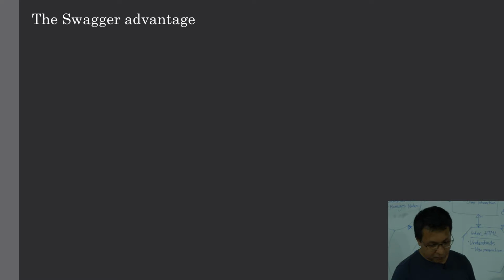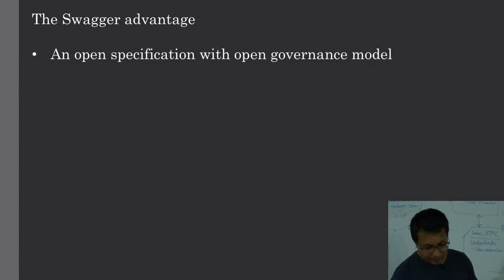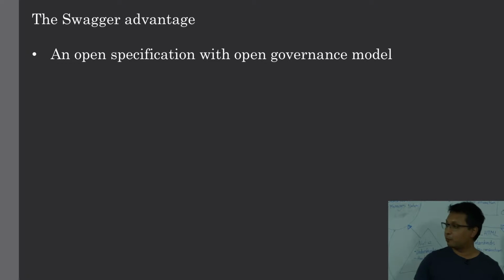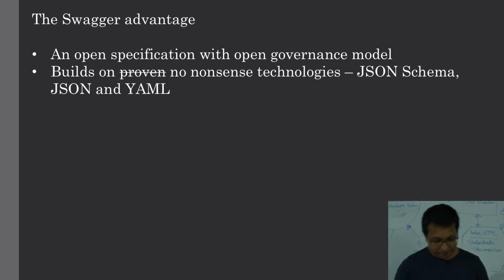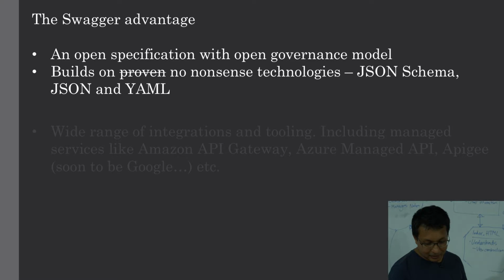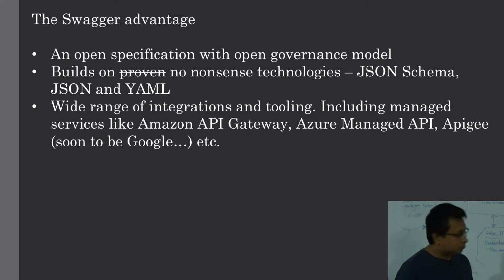So what's the Swagger advantage? Well, like I said before, an open specification with an open governance model. It may not sound that important, but it actually is. People who have dealt with Bluetooth like me know this. It builds on no-nonsense technologies, so it uses JSON Schema, JSON, and YAML under the hood, which we'll see shortly. There's wide adoption for it, like I said.